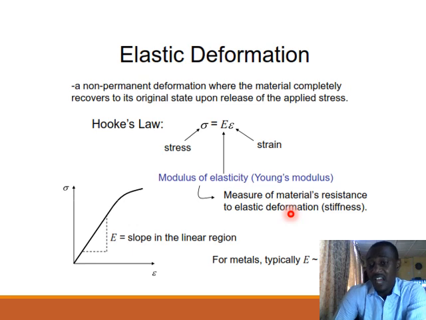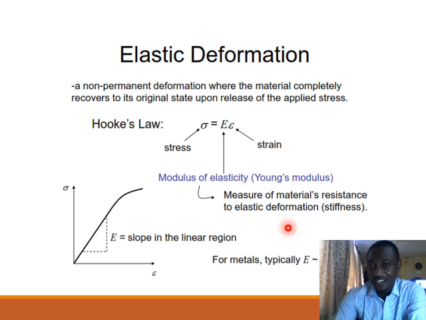So if a material is very stiff, meaning you find it very difficult to deform, then it's going to have a higher elastic modulus. And if it is easier to deform, then it will have a low elastic modulus. If you take a polymeric material compared to, say, a ceramic material, you see that it's difficult to deform the ceramic elastically.